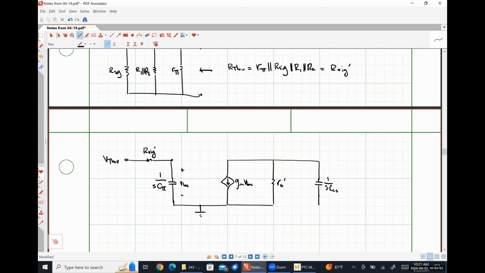Because the bottom node of this is at ground, I'm just going to tie it together over here. Here's our output node. And lastly, I throw that C mu capacitance in the middle, 1 over S C mu.